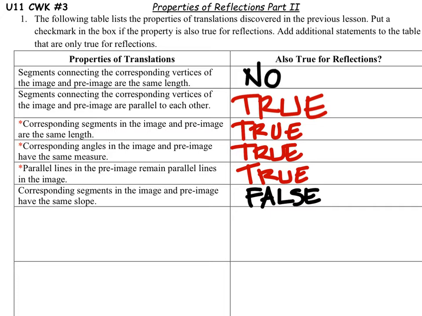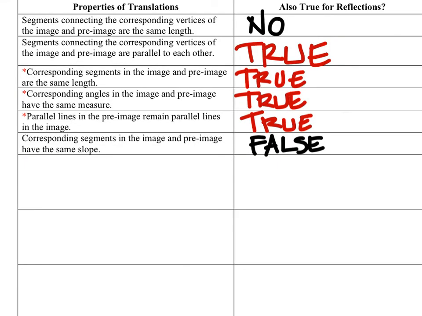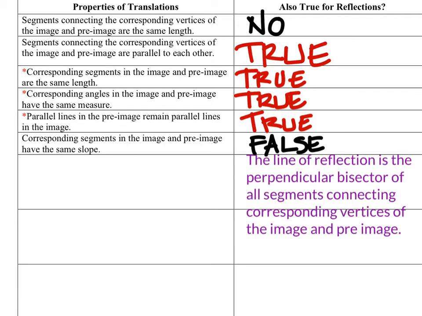Alright, so let's list some other things that are true for reflections. Here's something else we should have realized from the last lesson about reflection. The line of reflection is the perpendicular bisector of all segments connecting corresponding vertices of the image and pre-image.